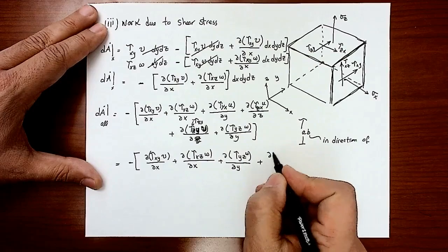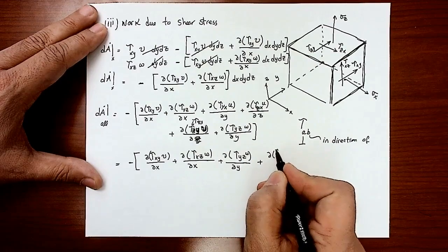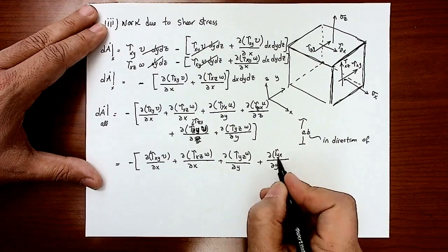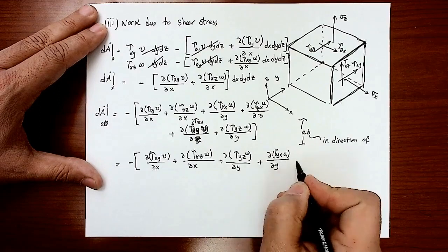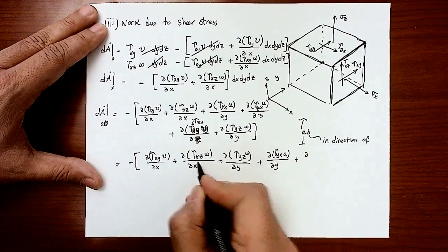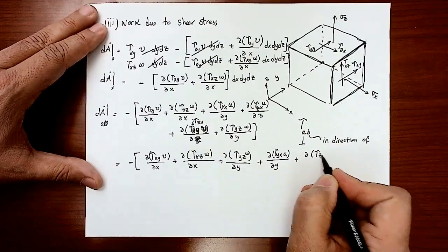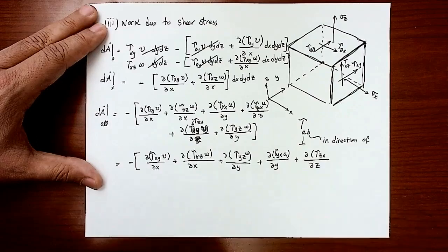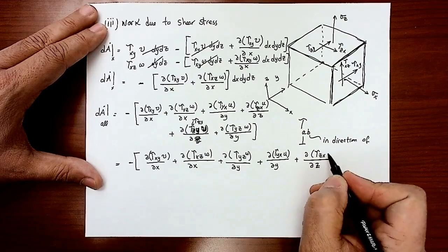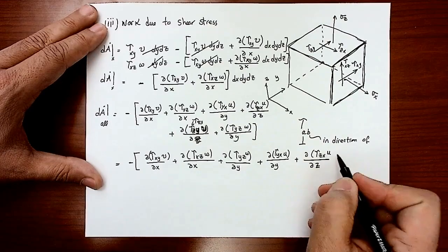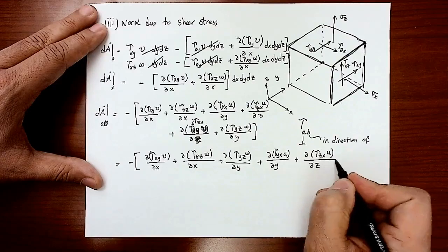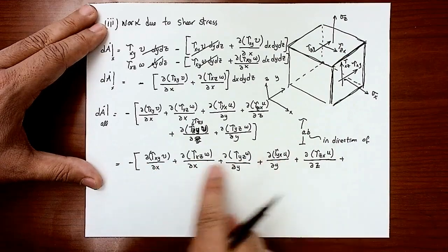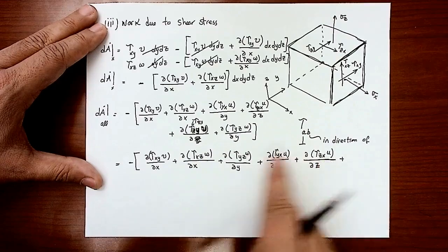So this will be partial tau yx. This will be partial y, but u because it's in the direction of x, plus partial, I will flip this, tau zx. It's going to be by partial z, and in the direction of x, so it's going to be u, plus I'll flip that, so we got xy, yx, xz, zx, yz.